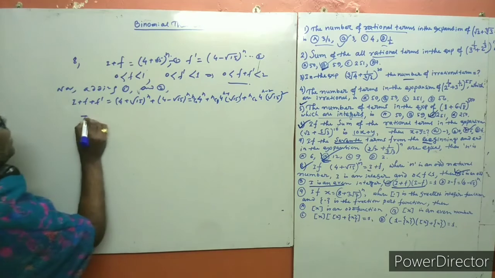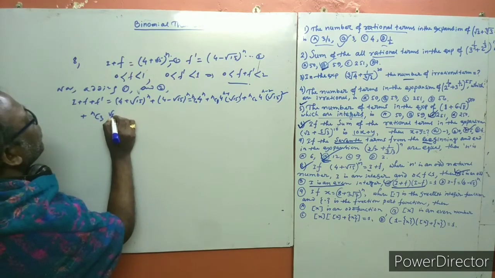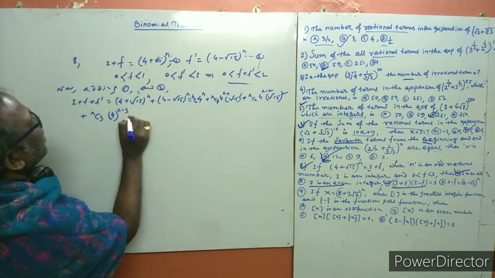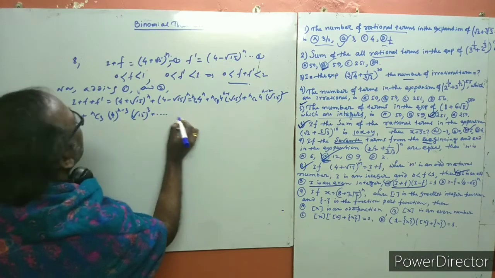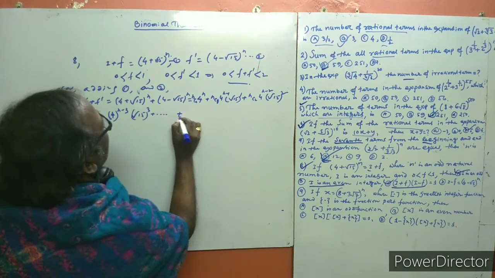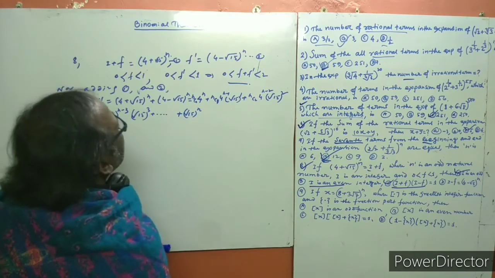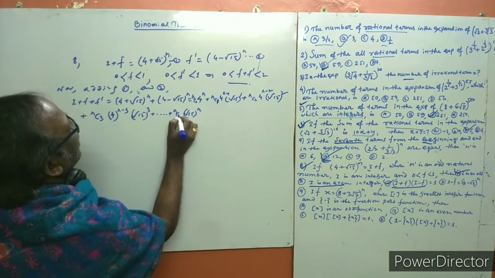Okay, and now I can write the next term also. This is nC3 4 to the power n minus 3 and root 15 to the power 3, and the last will be plus root 15 to the power n. This is the last term, nCn.